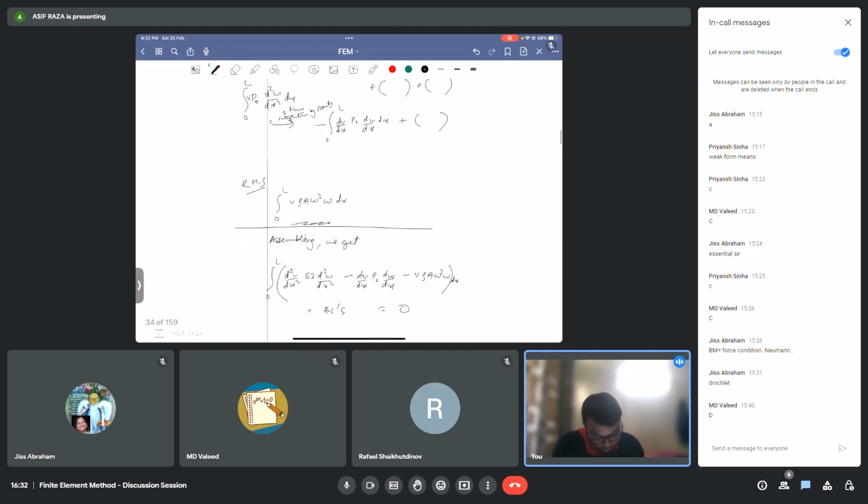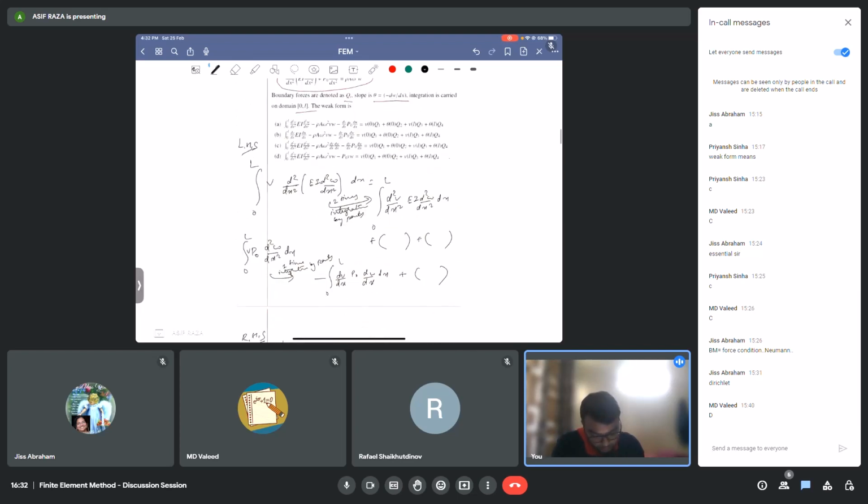Okay. So if I compare it properly, the correct answer would be... we have d square v by dx square. This is okay. This is also okay. This is also okay.